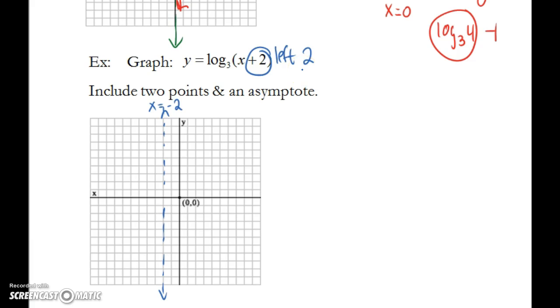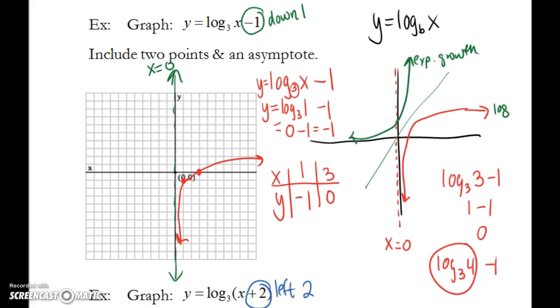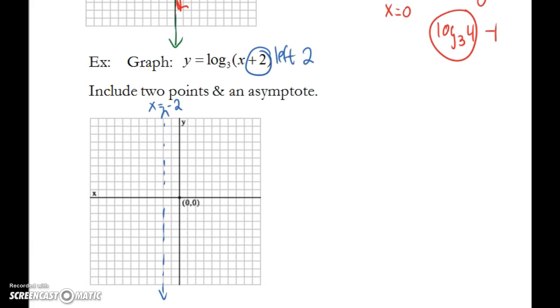Left or right movement is indicated when there's a number inside the parentheses attached to the x, like this plus 2. Vertical movement is indicated when there is a number attached at the end without a parentheses, like the first example with the minus 1. So our graph has a horizontal translation of 2 units to the left. Our asymptote is now at x equals negative 2.